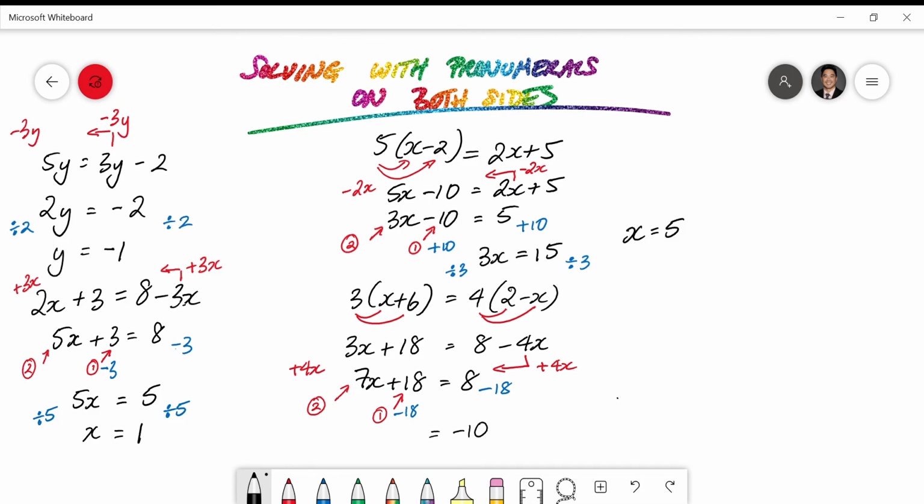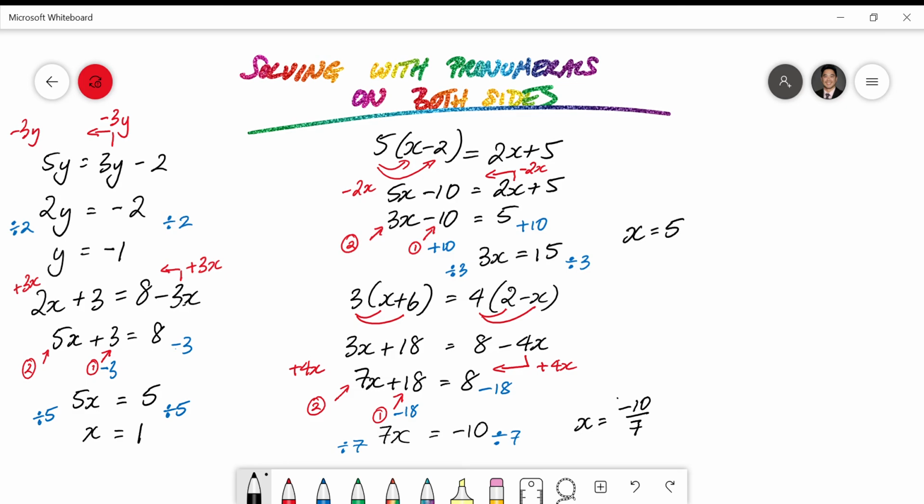It's not a positive 10, it's a negative 10 in this scenario. And on the left-hand side, we've got 7x. To get rid of the 7, we want to divide by 7. Okay, so divide by 7 to both sides. What we're left with is x is equal to minus 10 over 7.